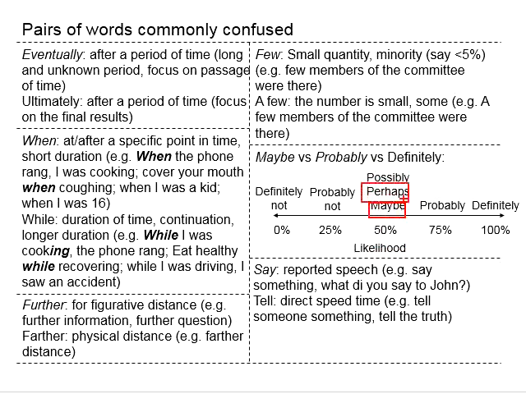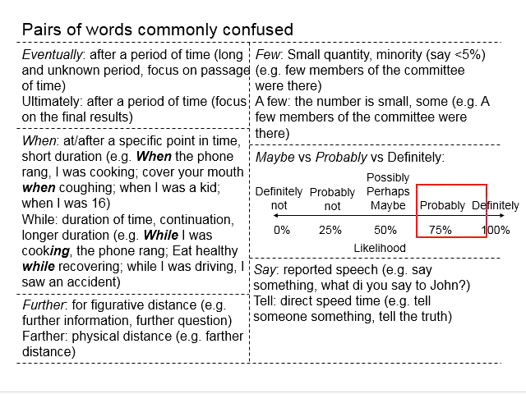Maybe, perhaps, possibly, they are at this 50%. It implies that the particular event can happen and cannot happen. There is uncertainty there. But if you use the term definitely, that means that particular event must happen.